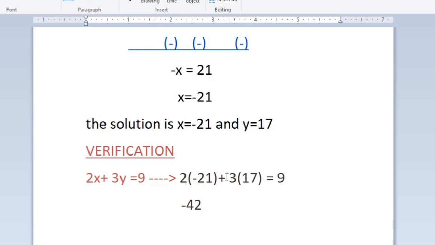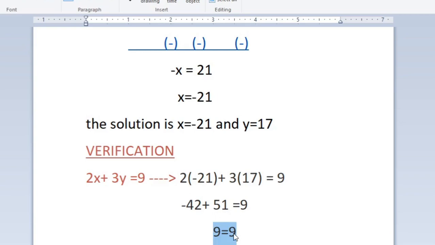Plus into plus is plus. Then 3 17s are 51. Then minus 42 plus 51 is how much? It is nothing but 9. Therefore, both LHS and RHS are equal. So one equation is verified.